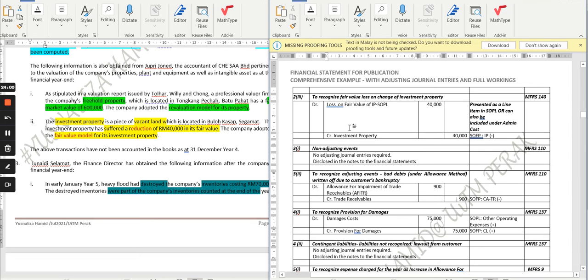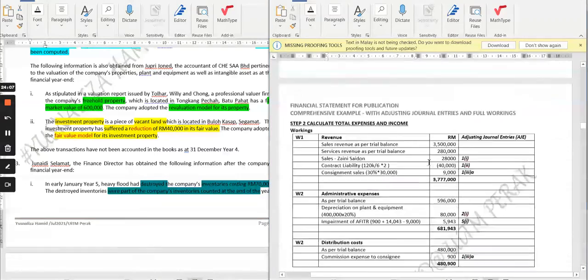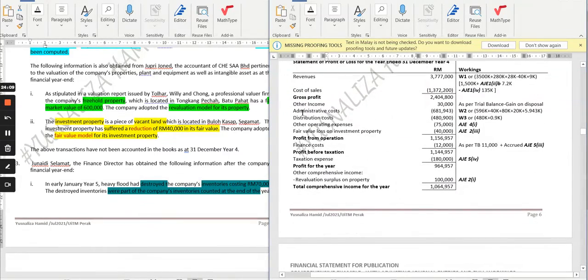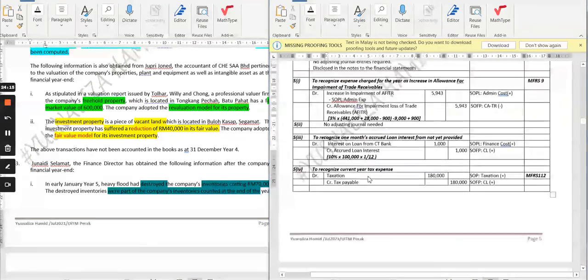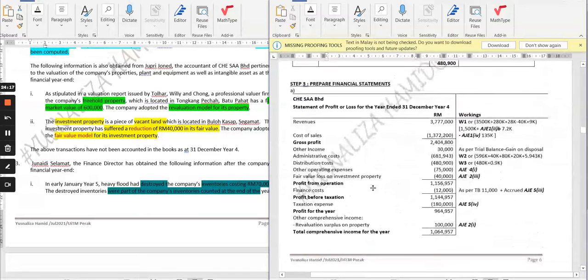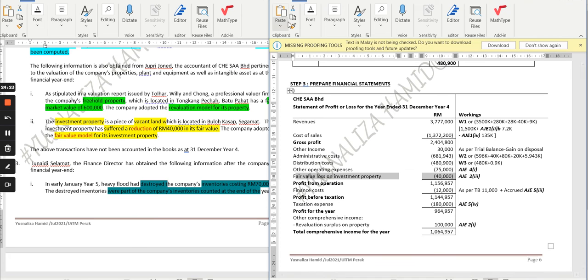So that should be deducted in the line item, meaning that you're going to choose something like this. If you were to do it separately, you can see here, right? Fair value loss of IP, the one that I just showed at the bottom just now. This one, right?